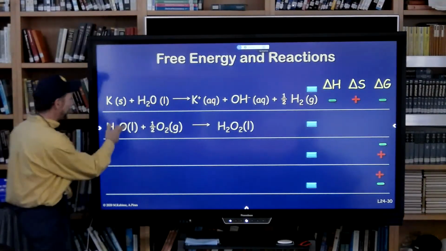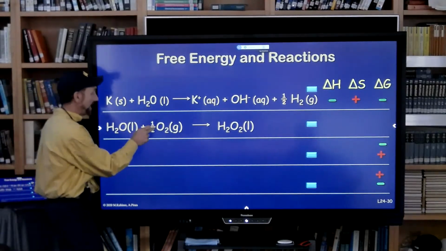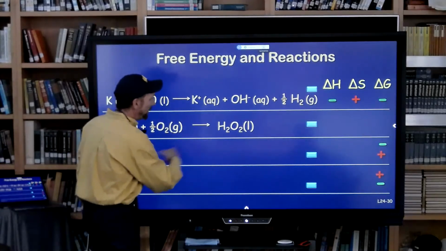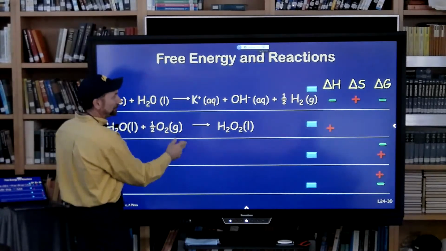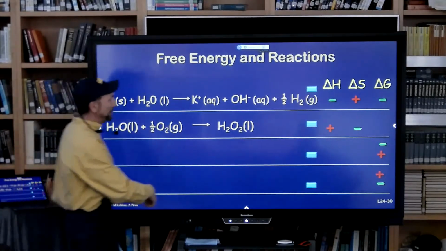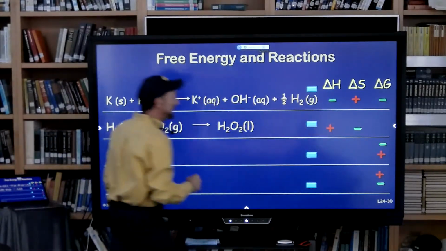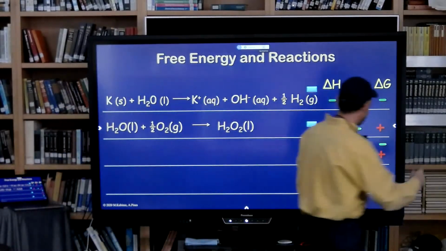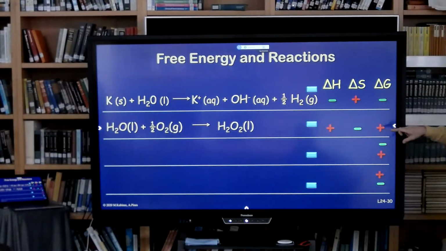So let's look at another reaction. Here's H2O liquid reacting with oxygen gas to form hydrogen peroxide. In this case, this is an endothermic process, and the entropy change is negative. So delta G is positive at all temperatures.